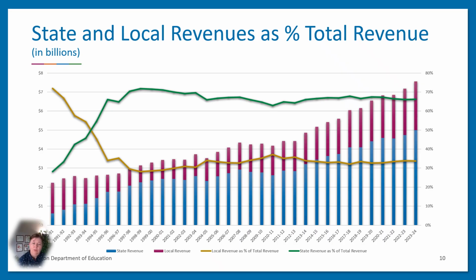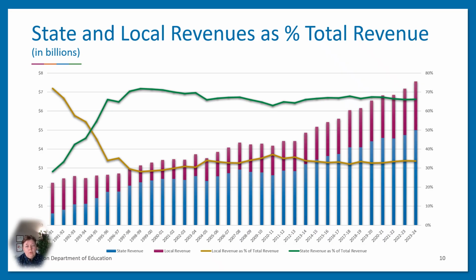And so what you might notice is that in the 90s, there was a flip. At first, on this graph, school districts received about 2/3 of their resources from local revenues and about 1/3 from state resources. And then it flipped. So now school districts are receiving about 2/3 from the state resources and about 1/3 from local resources. This was due to a series of changes in tax law in Oregon in the 90s. There was a measure that capped property taxes so that they can only grow 3% per year.